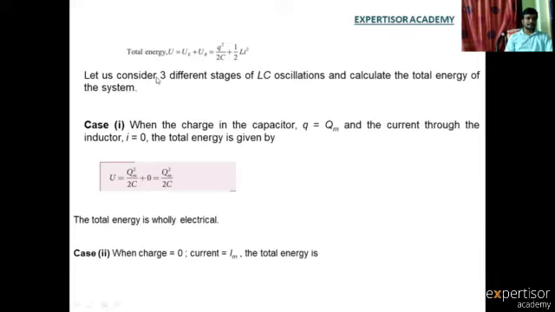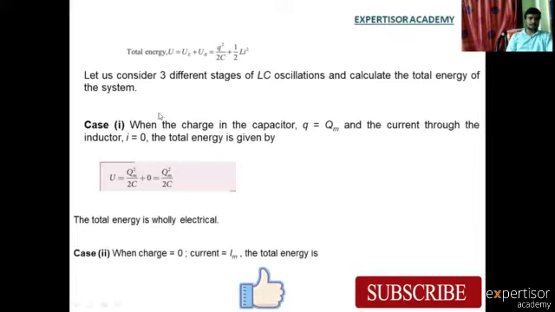Let us consider three different stages of LC oscillations and calculate the total energy of the system.